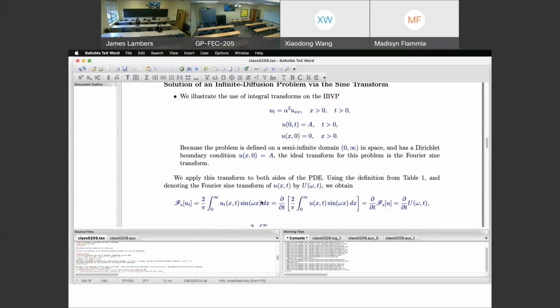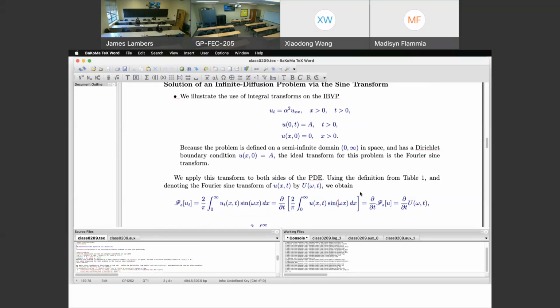So that means I'm allowed to pull this differentiation operator with respect to time outside the integral. But then what's left? This is exactly the definition of a Fourier sine transform of u.